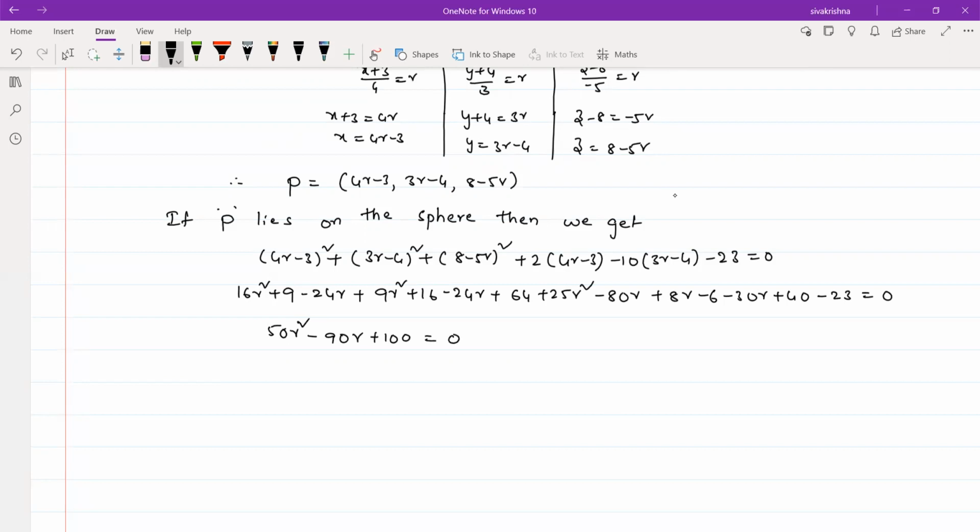If you cancel 10 from this equation, we get a quadratic equation in r. Oh, sorry, the r term is minus 150r, not minus 90. Minus 24, minus 24, minus 48, minus 128, so minus 150. So once again, we get 50r square minus 150r plus 100. If we cancel 10 from this equation, we get 5r square minus 15r plus 10.